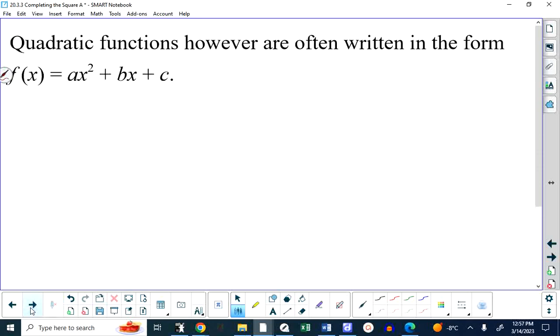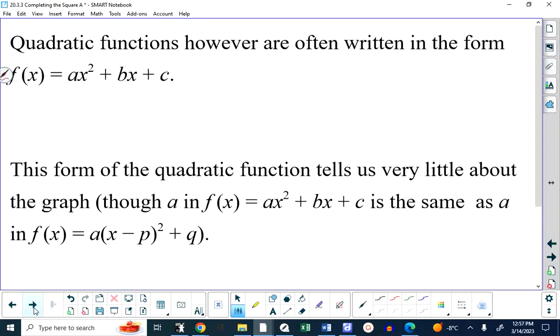We often write them in this form, though, and we've learned this over the past couple days. Quadratic functions very often make their appearance to you like this, and this is called the standard form. It tells us very little about the graph, although I just make this point. Whatever a is in the standard form, it's a in the vertex form.